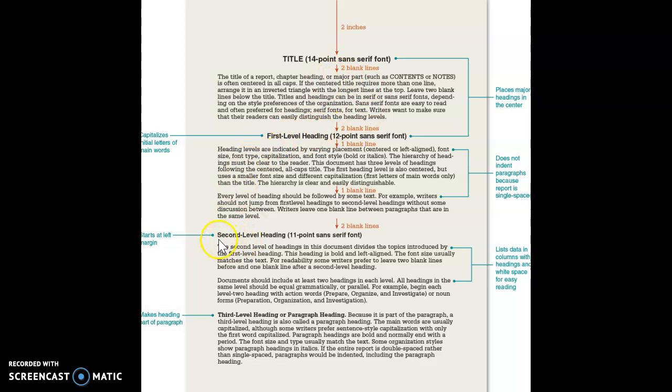Then your second level heading is going to be just a little bit smaller. And then list the data in columns with headings, and then you have a little bit of white space in between these paragraphs. And this is just showing you the way that you would do your headings following those guidelines. And this can be found in your book. This is Model Document 9-2.